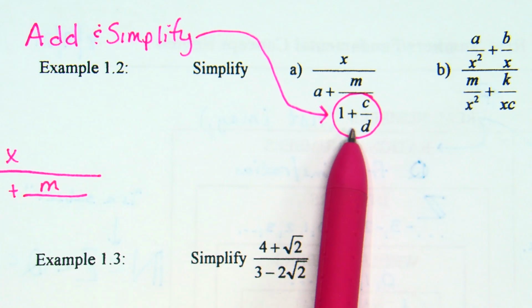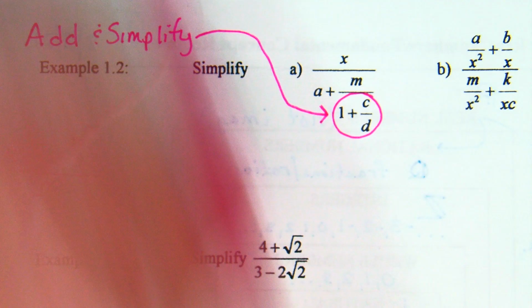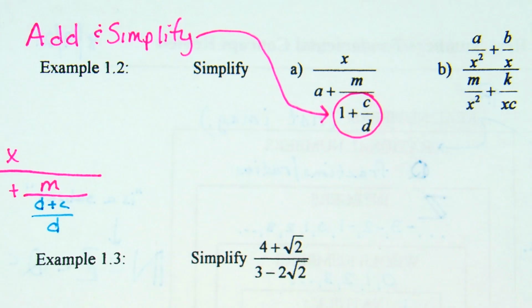D plus C over D. So that right there got replaced there, didn't it? So what we've done so far is we added 1 plus C over D.